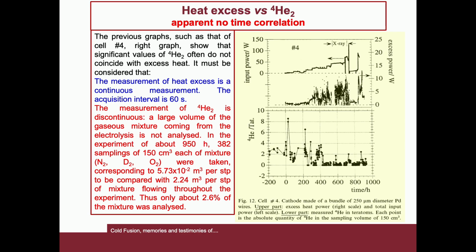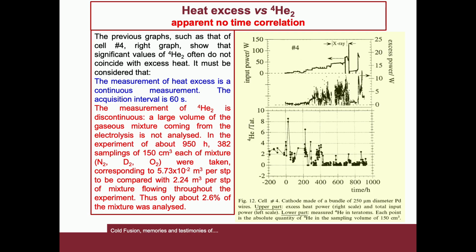It must be considered that the measurement of excess heat is an almost continuous measurement. The acquisition interval is 60 seconds. The measurement of helium-4 is discontinuous. A large volume of the gaseous mixture coming from the electrolysis is not analyzed.